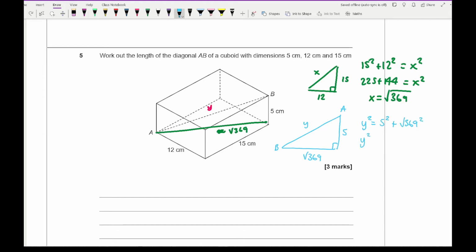And so y squared equals 25 plus 369. If I add them up, I get y equals the square root of 394. So AB equals 19.8494 and so on. If I round it, 19.8, and that's in centimeters, to 1 decimal place.